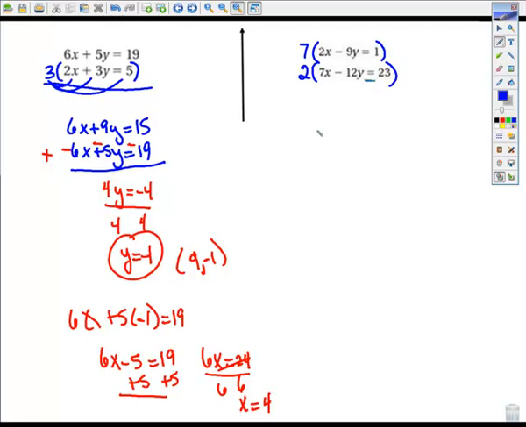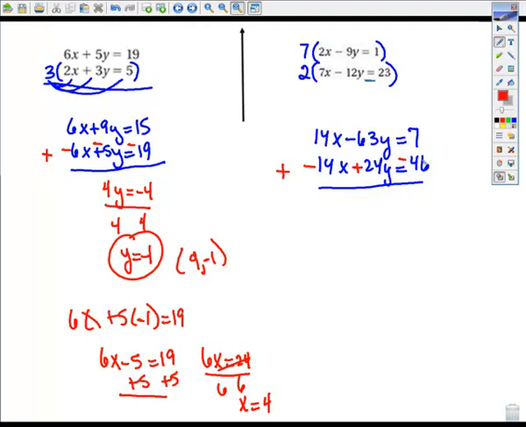If I distribute through the top, I get a 14x minus 63y equals 7. And through the bottom, I get a 14x minus 24y equals 46. And again, I have exact same, so I have to add the opposite.